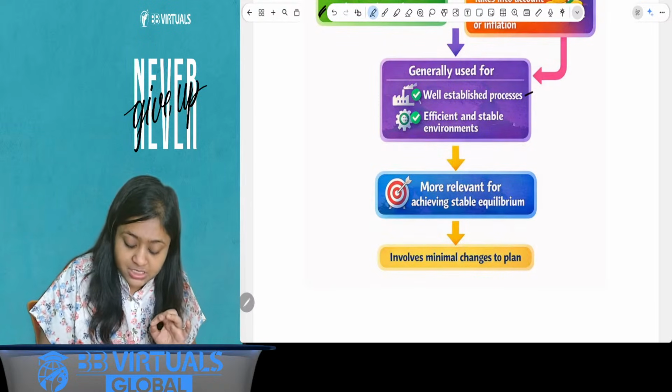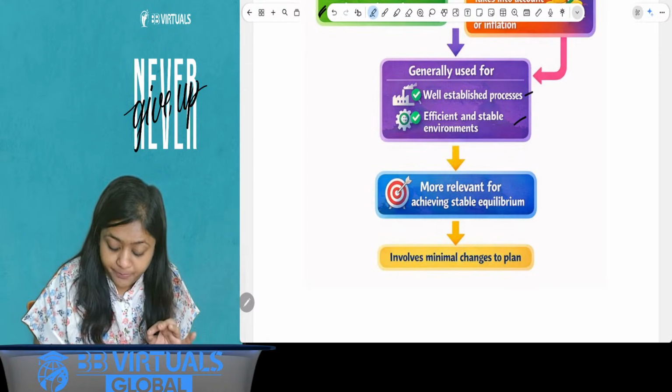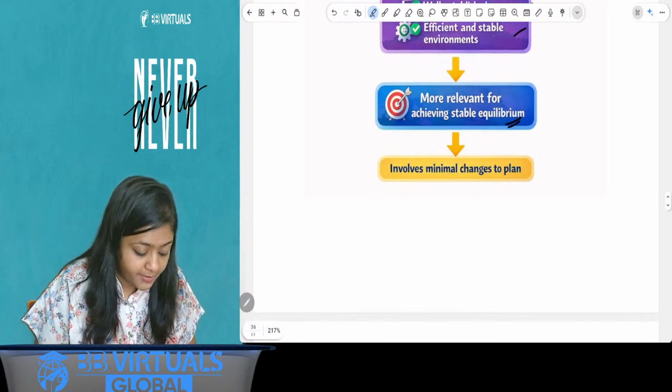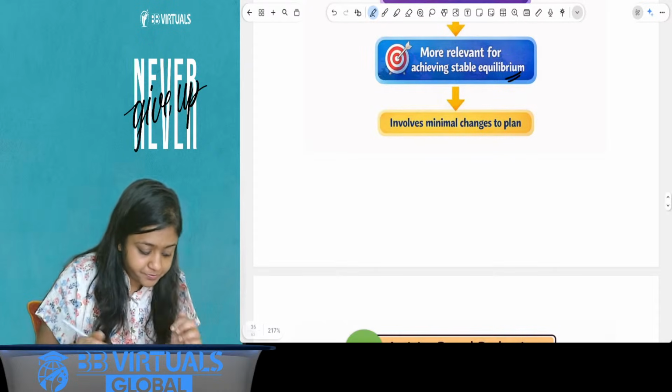Generally, it is used for efficient and stable environments. It is more relevant for achieving a stable equilibrium, and it involves minimum changes to the plan. So I would just give a bit more detail here, eyes on my screen.